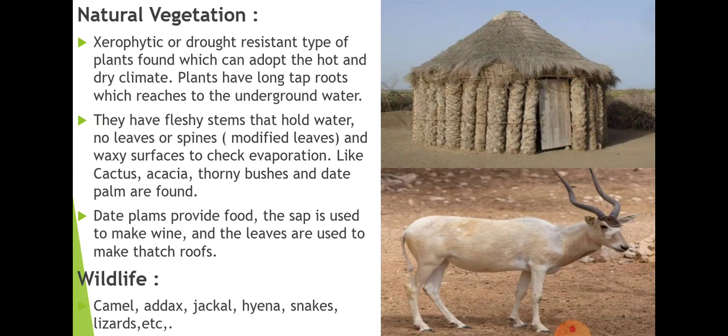As you see, the desert is the desert. In the desert, the natural vegetation is very less, so you are easily able to understand the wildlife will differ. Here are some animal species that have adapted to the extreme climatic conditions, like small desert animals that can hide in burrows.